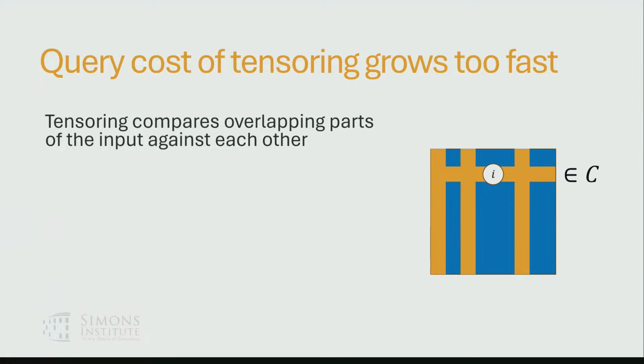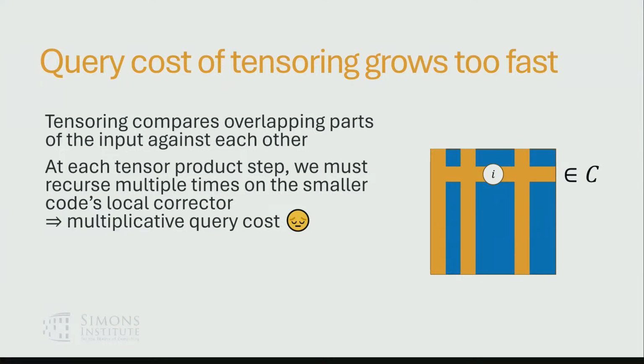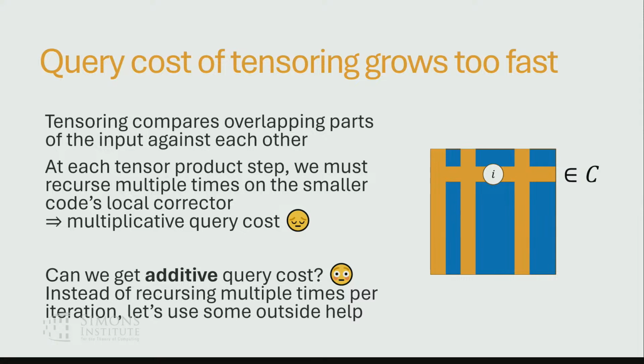You want to test these overlapping parts of the input against each other. And at each step, we have to recurse multiple times, specifically polylog many times or polylog-log many times. Because it's multiplicative, it accumulates, and that's why they're not able to reach a polylog.